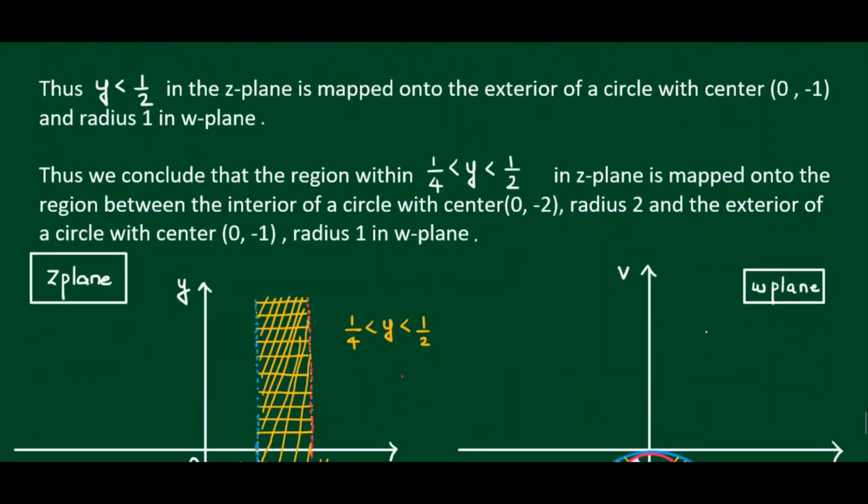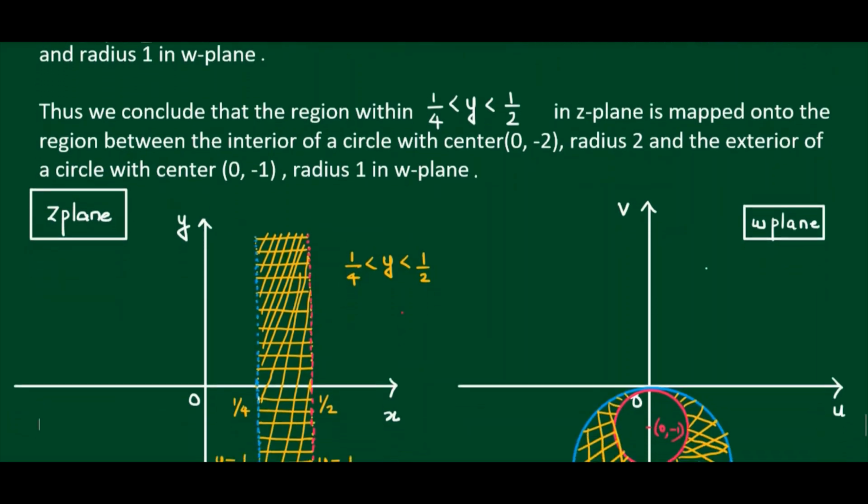But we have found out these inequalities' images separately. Now we are going to bring those together. Thus we conclude that the region within this inequality 1 by 4 less than y less than 1 by 2 in the z plane is mapped onto the region between the interior of a circle with center and radius found above, and the exterior of another circle with center and radius found above, in the w plane.